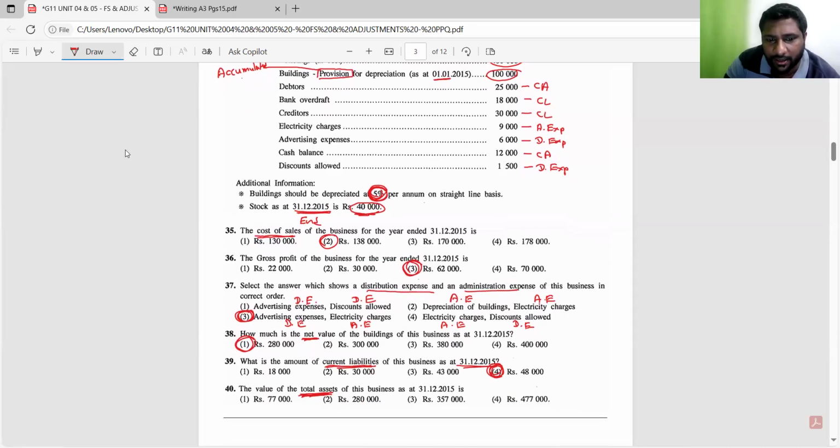Creditors, current liability. Debtors, current asset. Creditors means trade payables. Payables, we have to pay.